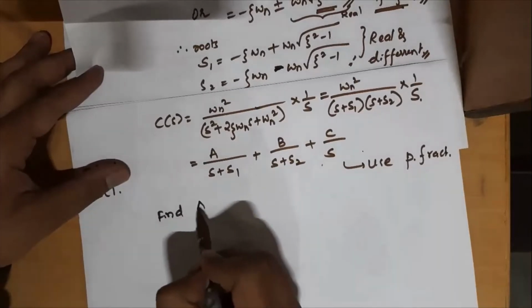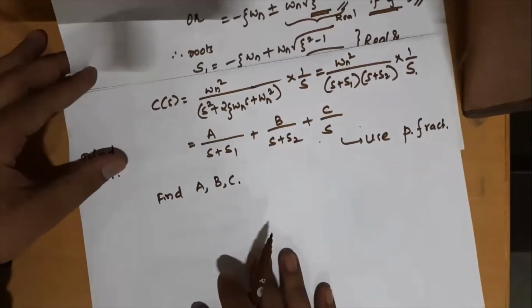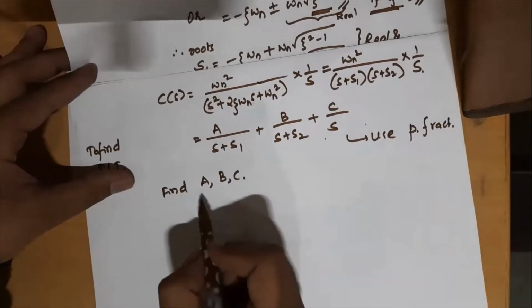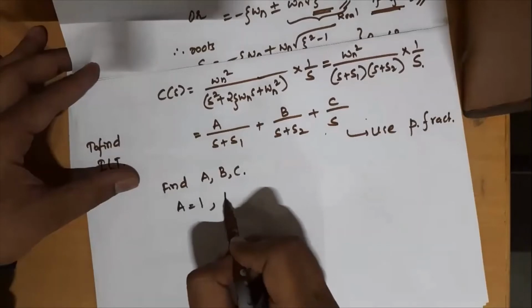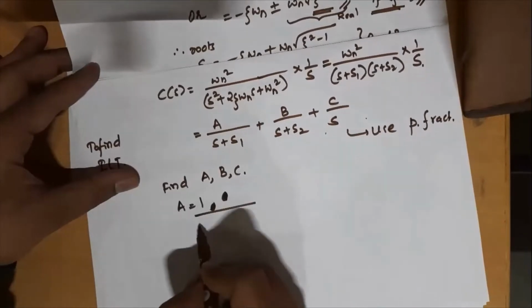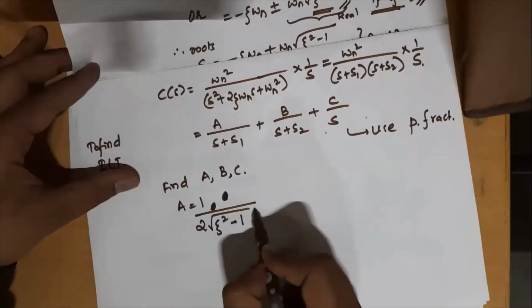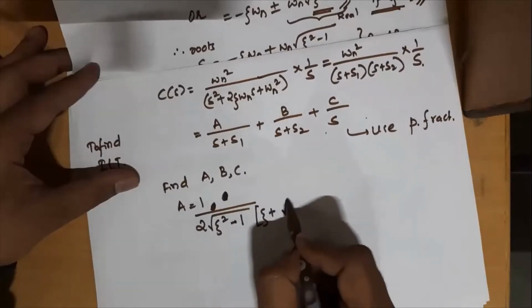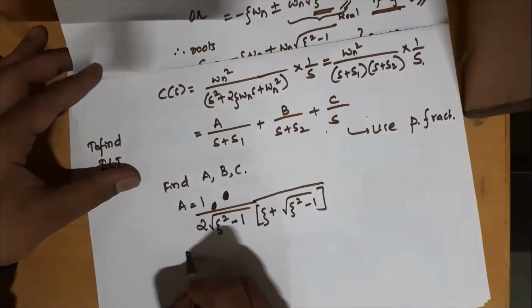So everyone please try it out. Try to find A, B, C using partial fraction. I'll give you 5 minutes of time. Meanwhile, I want everyone to try this. Please don't copy as it is, because in the previous derivation, I have found the value of constants.